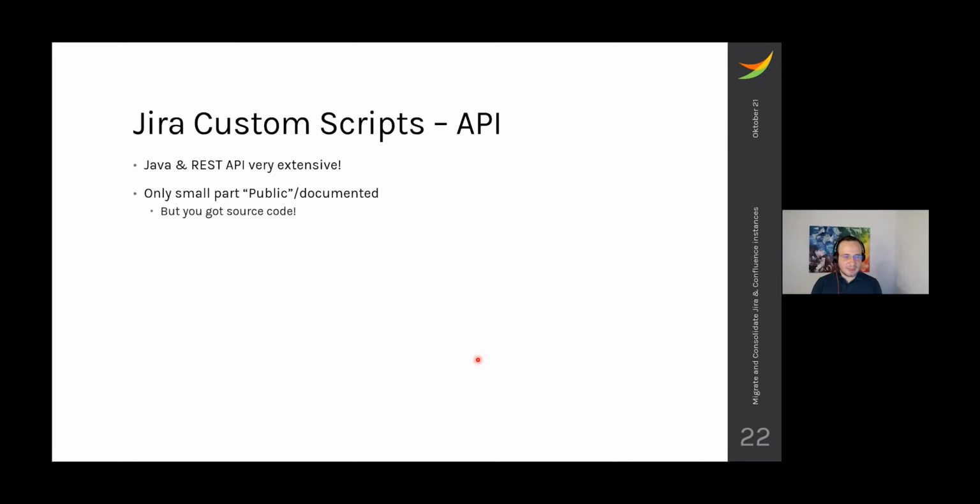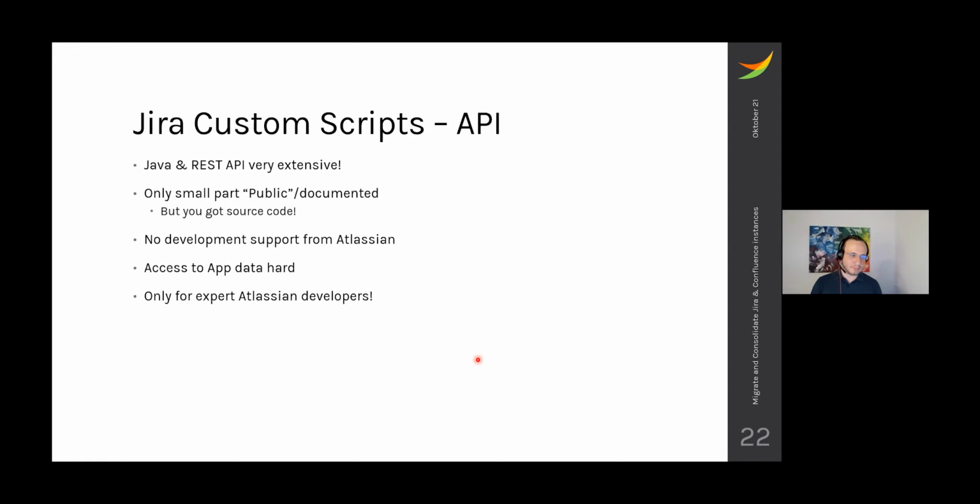A small problem with that is Atlassian does not give development support. They support the API, that the API is correct, but they won't really help you develop stuff. Access to app data is hard. And basically, if you haven't been working at an Atlassian partner for a long time or creating Atlassian apps for a long time, you will have a very hard time doing this.